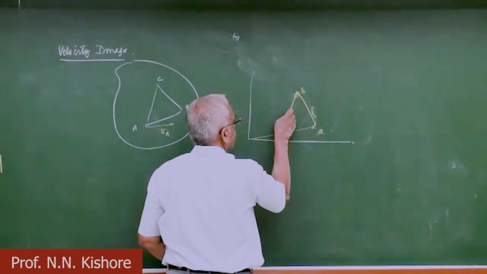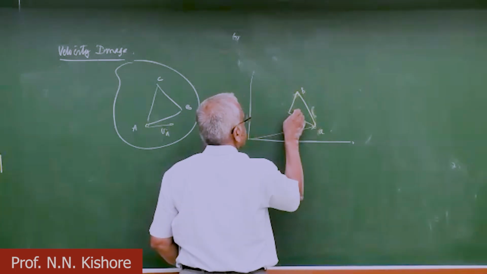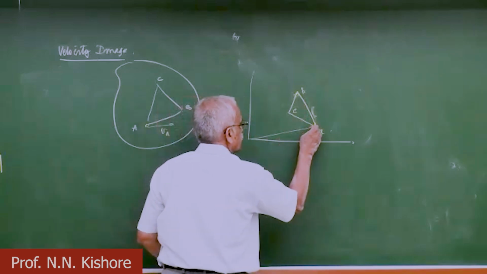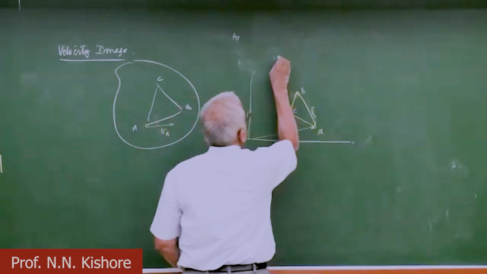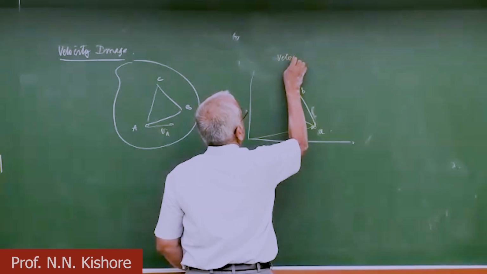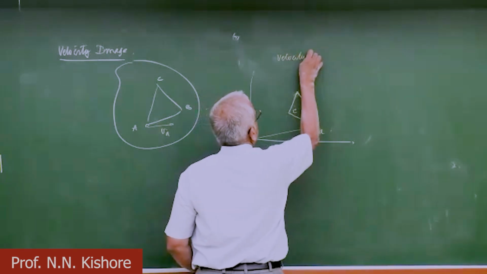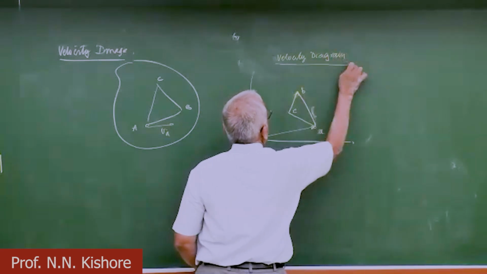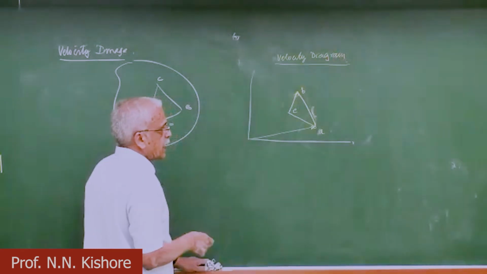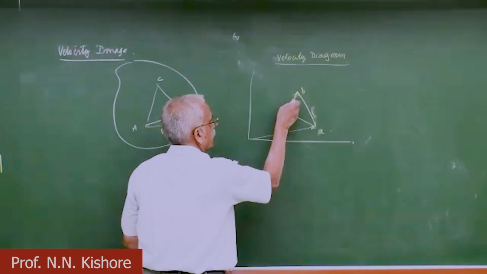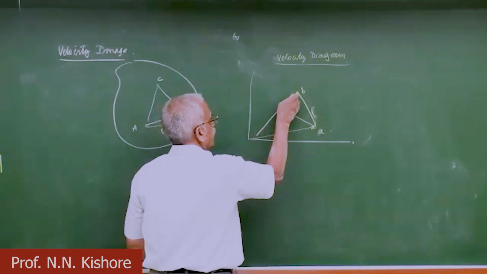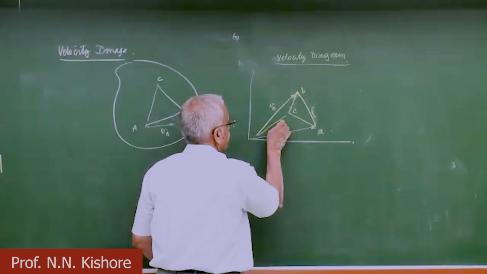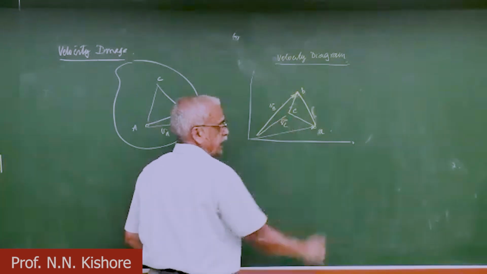So this is the velocity diagram. I have 3 points on the body, and then I've drawn the velocity of B, velocity of C, and velocity of A.